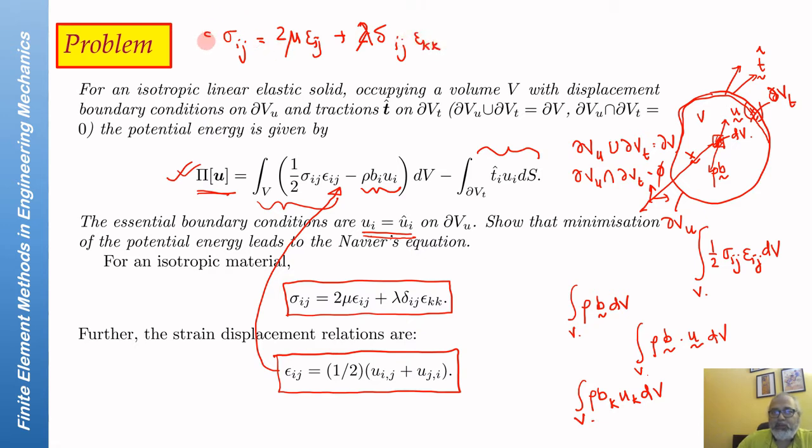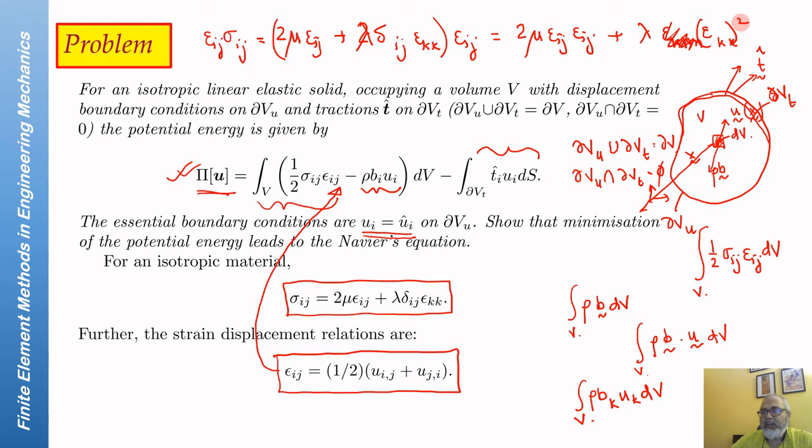Multiplying by epsilon ij, this gives rise to 2 mu epsilon ij epsilon ij plus lambda delta ij epsilon ij, which gives epsilon kk. So this is actually epsilon kk square, and this is epsilon ij square.